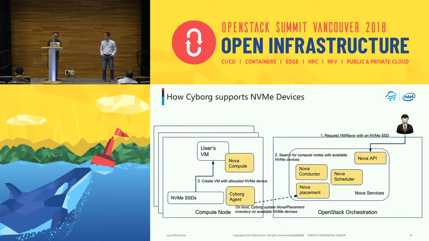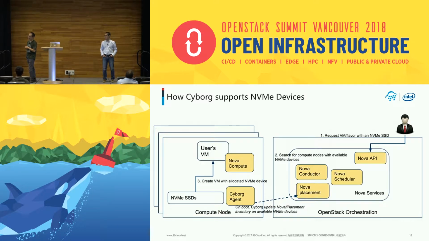Let's continue. Just now we talked about step 2, and the next step is the actual virtual machine creation by Nova Compute services, and then Nova Compute services will talk with the Cyborg agent to get the information of the hardware.